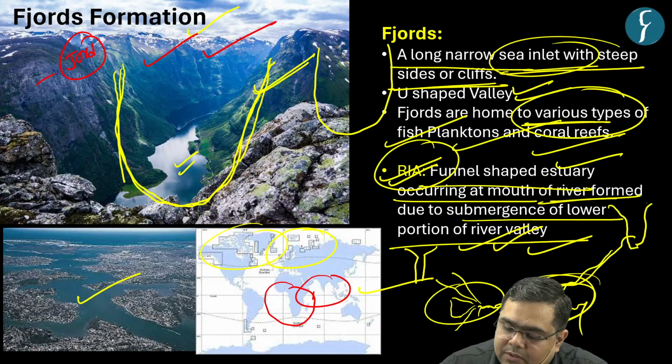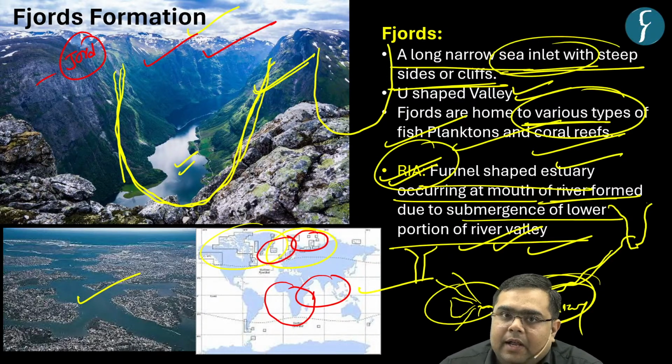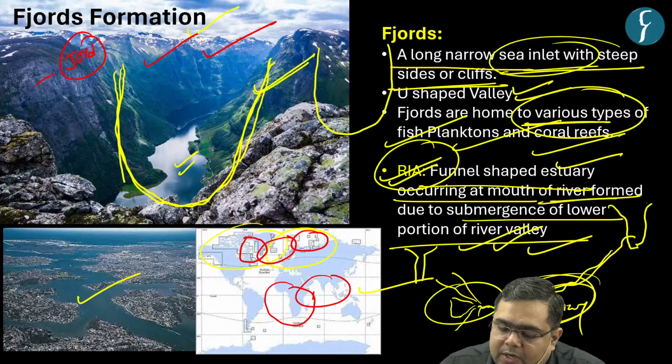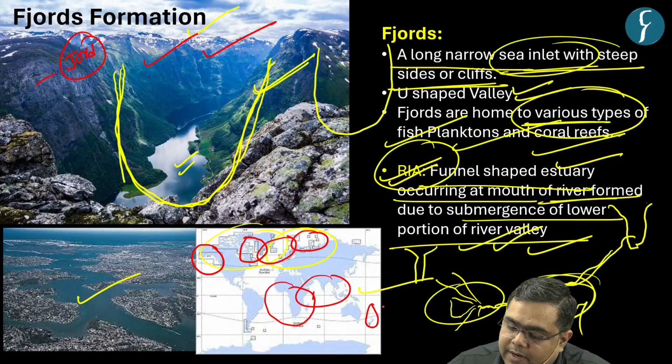For instance, fjords are located in this part of Russia and Finland, and not Sweden. In Sweden, fjords are not located. Then fjords are located in the eastern part of Canada, western part of Alaska, and certain parts of Australia and New Zealand, and again Chile.